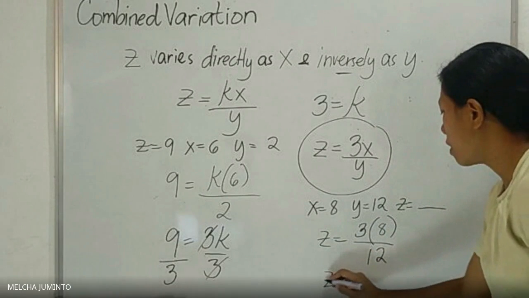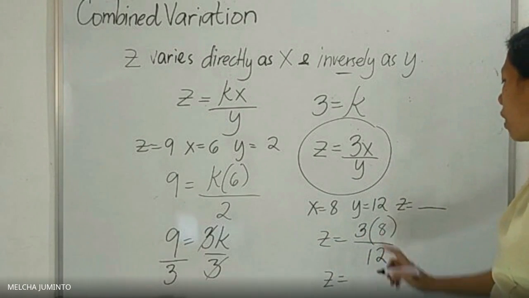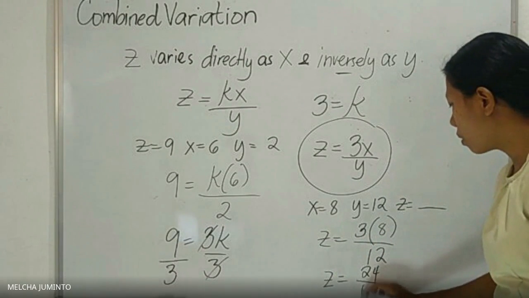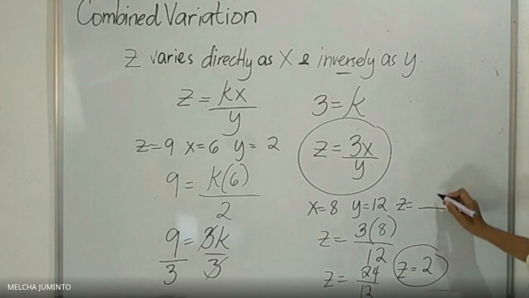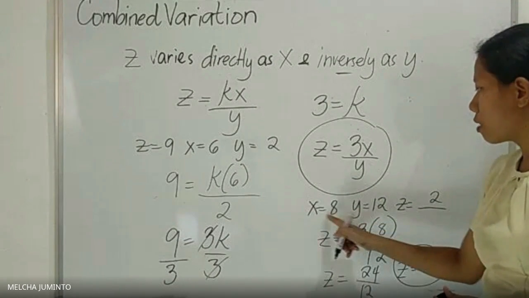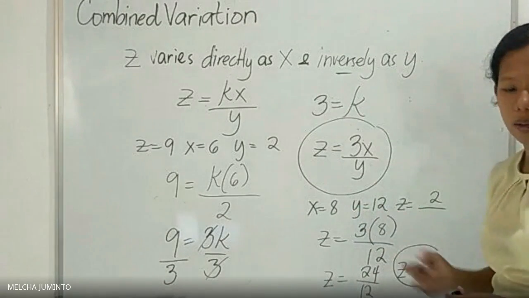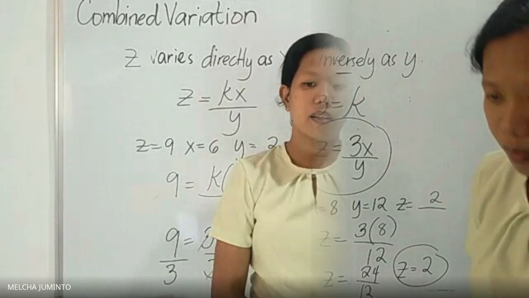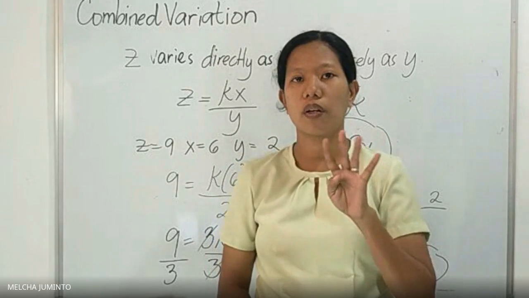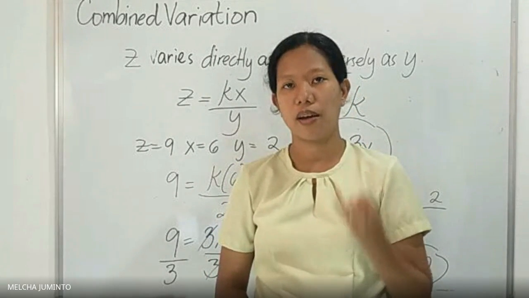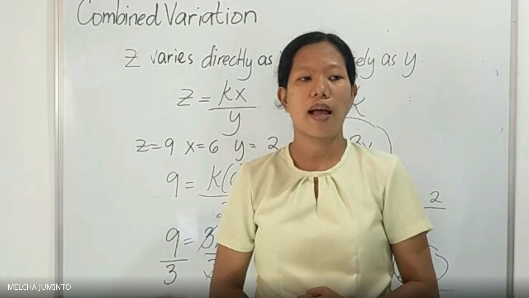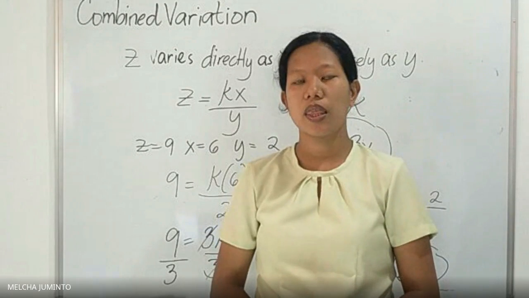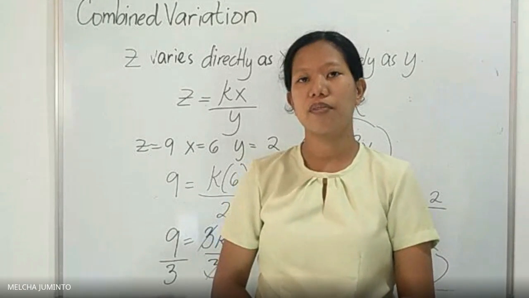So we have z is equal to 3 times 8, which is 24, divided by 12, which is equal to 2. Therefore, z is 2 when x is 8 and y is equal to 12. Let us summarize the four types of variation. We have direct, we also have inverse, and then we have joint, and then the last one is combined variation.